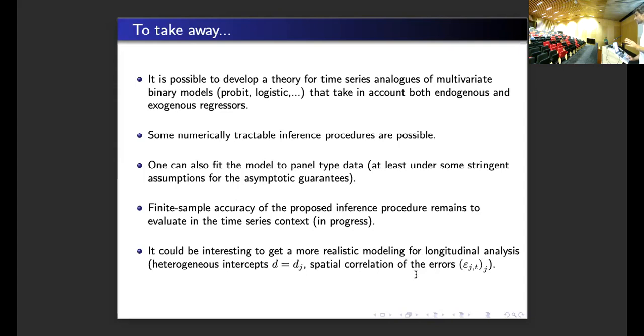But I have no idea for the moment how to combine this with the model that I define, and also to assume some more heterogeneity across the sites, with some variables that have a fixed contribution for each site, but at the same time, some of the coefficients can also depend on the site, which could be more realistic for real data. So these are some extensions that can be investigated.